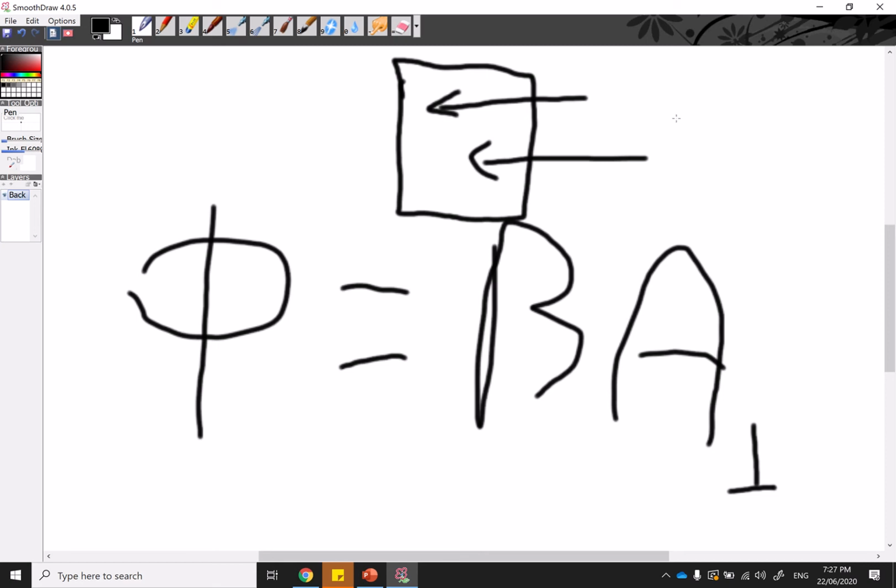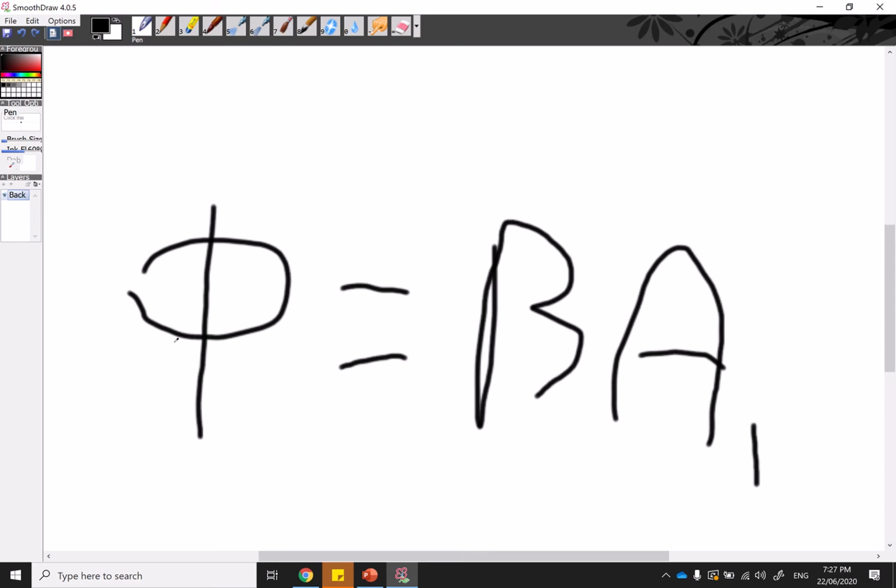Let's say it's 1 Tesla. Actually, 1 Tesla is pretty strong, but let's stick with 1 Tesla. And let's say the area is 2 meters squared. Well, B times A is 1 times 2, and we get 2 for the magnetic flux. The unit for flux is Weber, like the barbecue.